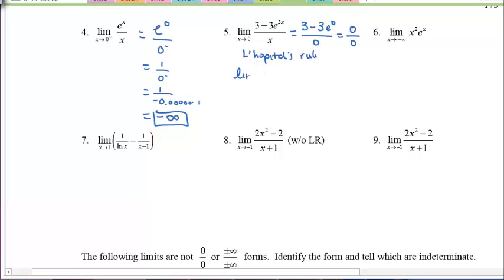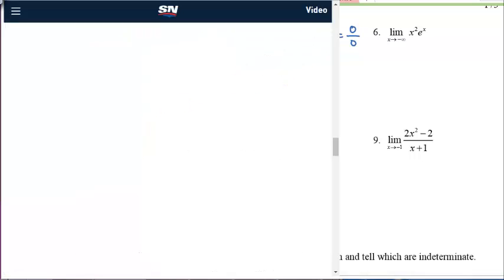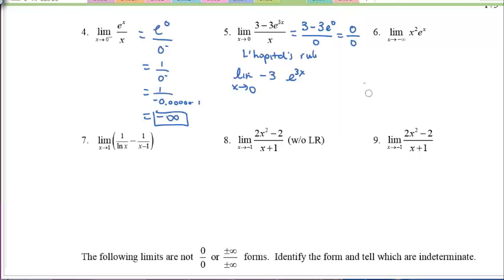And therefore, if I ask you to now take the derivative of the numerator, the derivative of 3 is just nothing. The derivative of negative 3 e to the 3x, well, negative 3 is a constant. E to the 3x is just e to the 3x, but then you have an extra 3 that's involved.